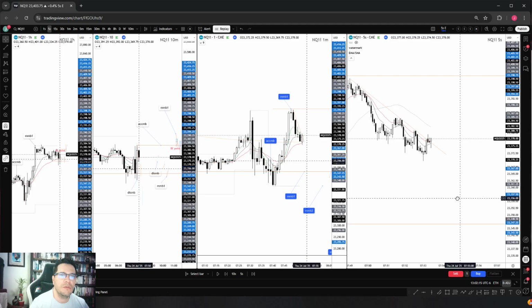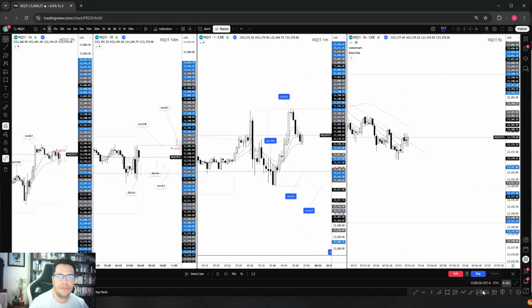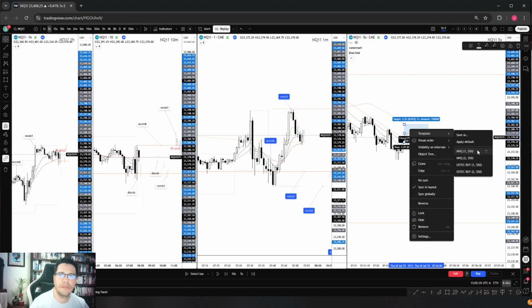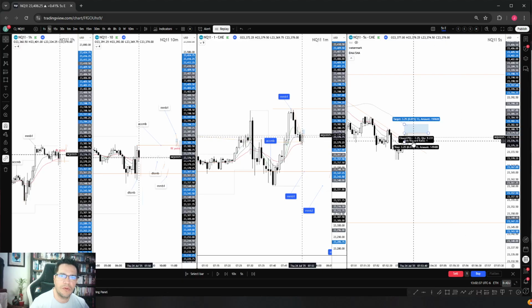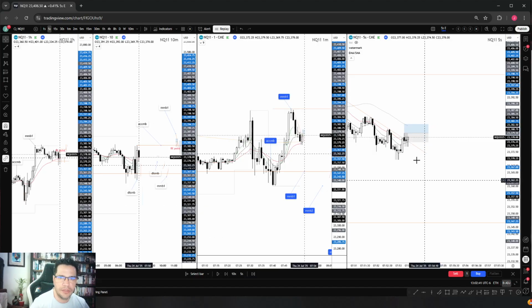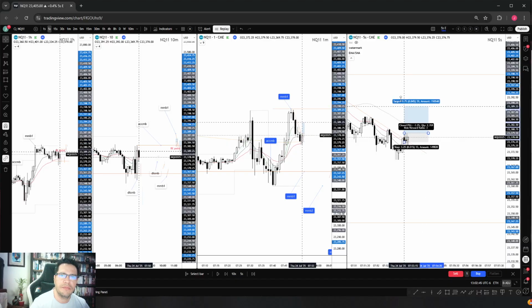Okay, here we have what could be an entry. This is MMB1, and this is MMB2. So we could be looking for a buy there from that buy stop of MMB2.